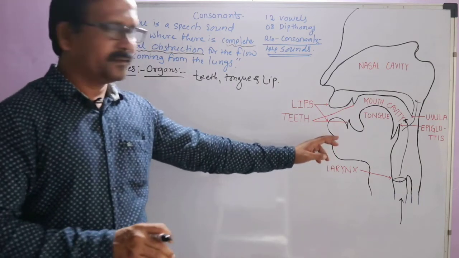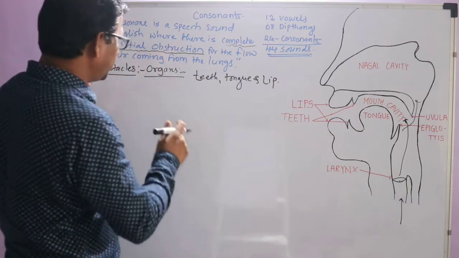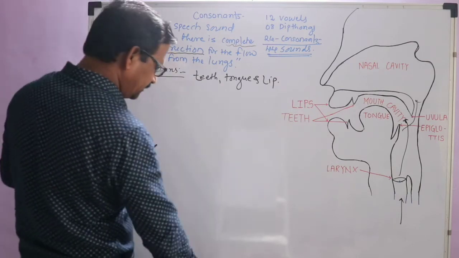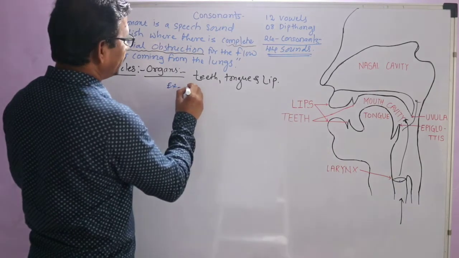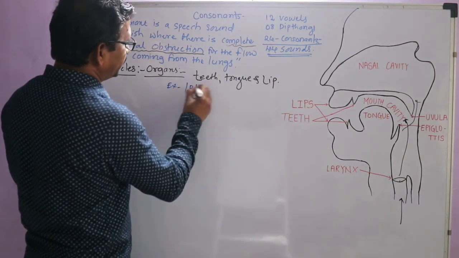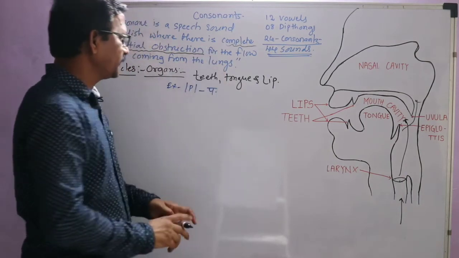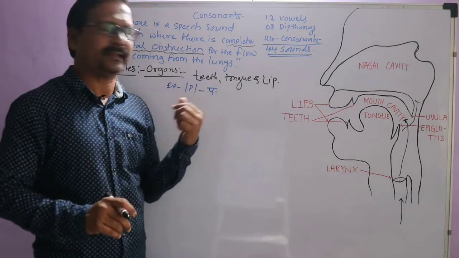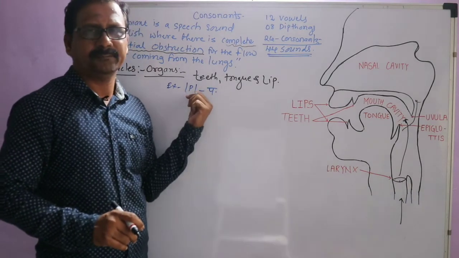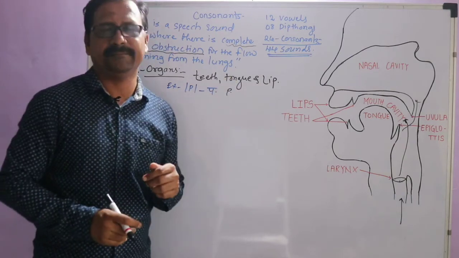So if we take one example, we will take the example of one sound, b, or we can take the example of p. When it is written in two slanted lines, it becomes /p/, and when we write it like this, then it becomes p.